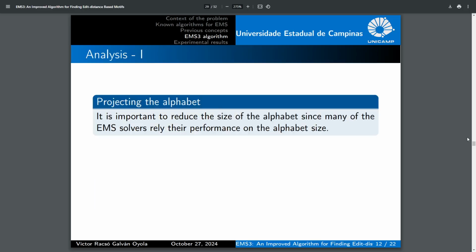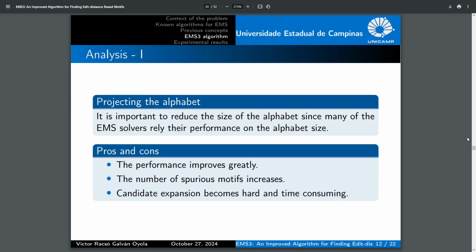Now, projecting the alphabet is important, as I said before, because our EMS solvers rely their performance on the alphabet size. However, despite this reduction improving performance, the number of spurious motifs increases. And the candidate expansion becomes hard and time consuming.